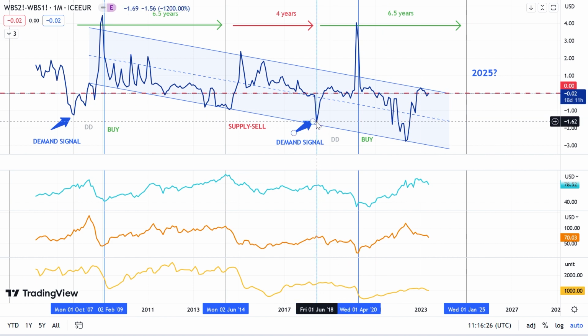So if we take 6.5 years from 2018, we'd expect end of 2024, start of 2025 as being the next point at which we might have supply coming online to meet the demand, and a turn down in oil demand relative to supply from that point onwards, and a downward movement in prices.